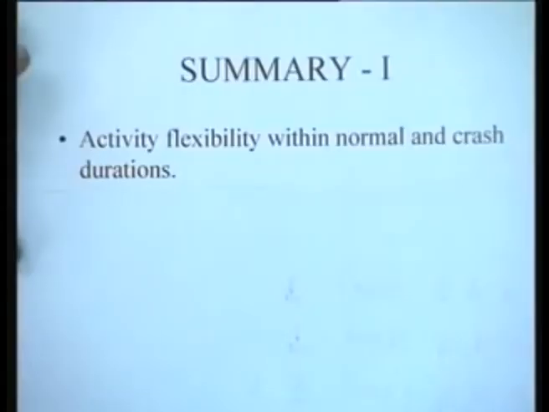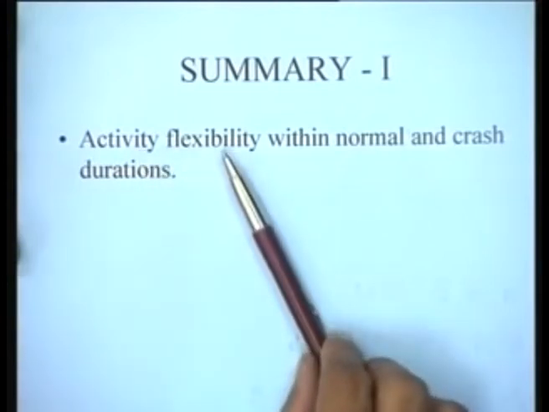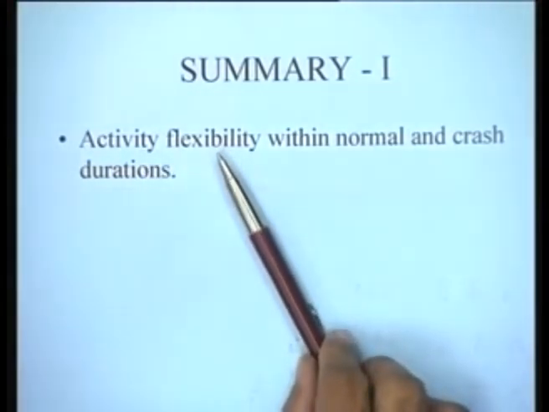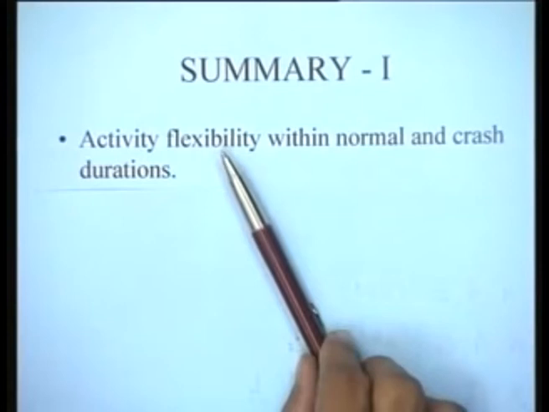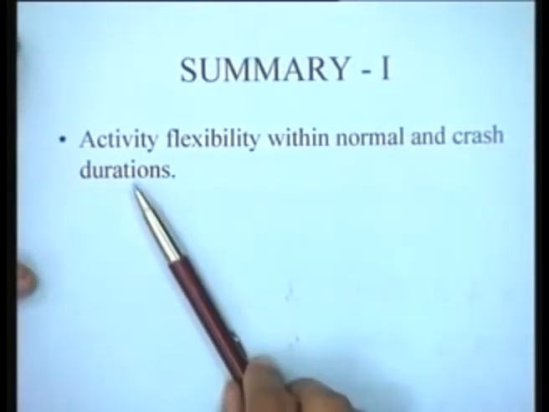So let us now summarize what we have tried to do in this particular lecture. We have seen, first of all, that most activities have a certain flexibility in their durations, and this flexibility is expressed within the normal and the crash durations.